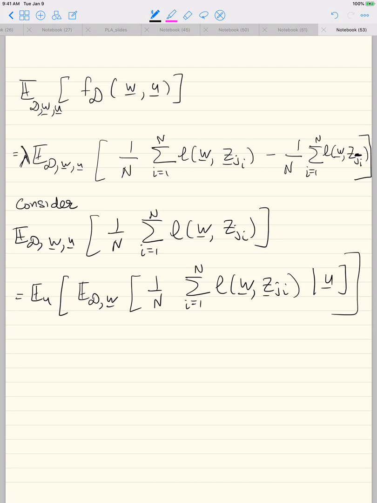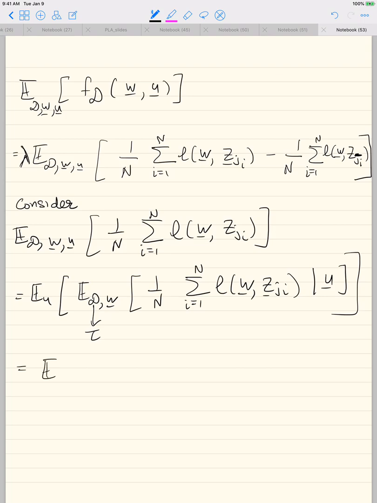And basically then what we have is just the average over the training set. The u tells me which elements are in the training set, and I'm averaging over it. So I can replace this d by tau. Tau is basically the set of elements in the training set, which can be computed once u is known.